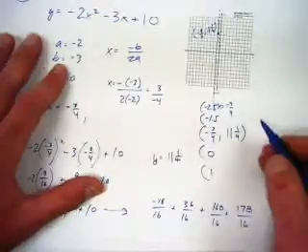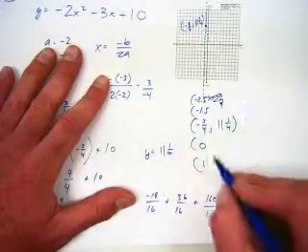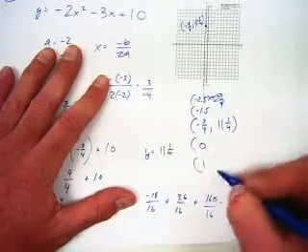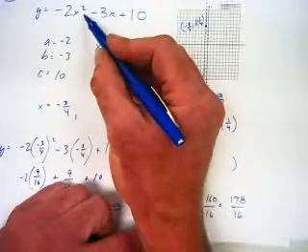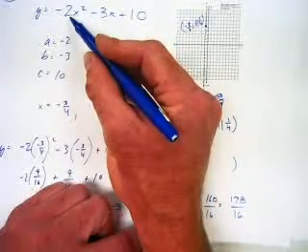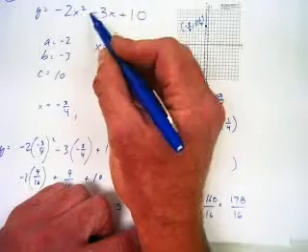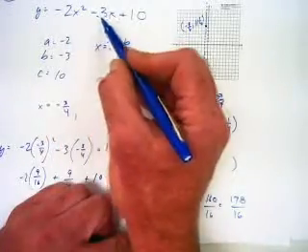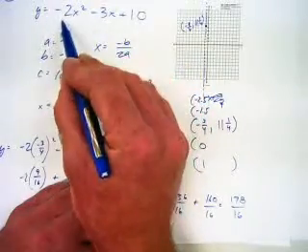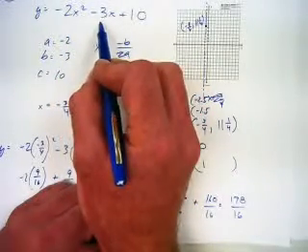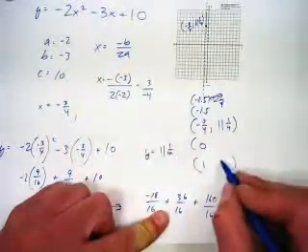I know this is looking kind of messy, but I'll try to clear it up here. So if I plug in 1 up here, I get 1 squared times negative 2 is negative 2, and then minus 3, because negative 3 times 1 is negative 3. So negative 2 plus negative 3 is negative 5 plus 10 is 5.